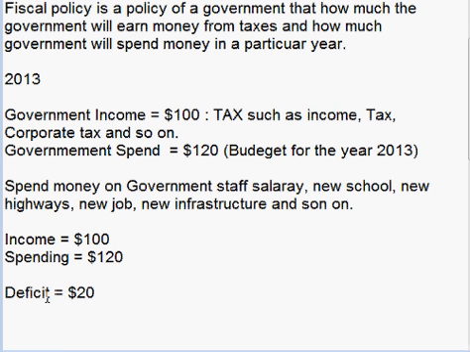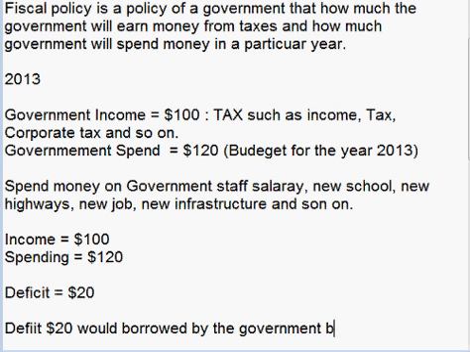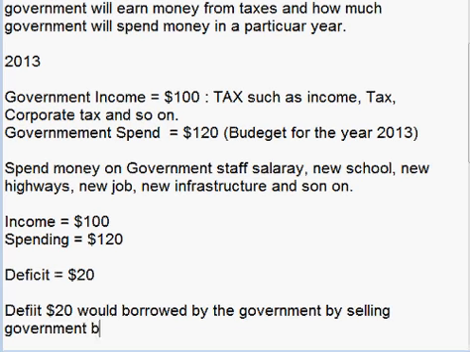So the $20 deficit would be borrowed by the government by selling government bonds. As a result, government debt will increase.